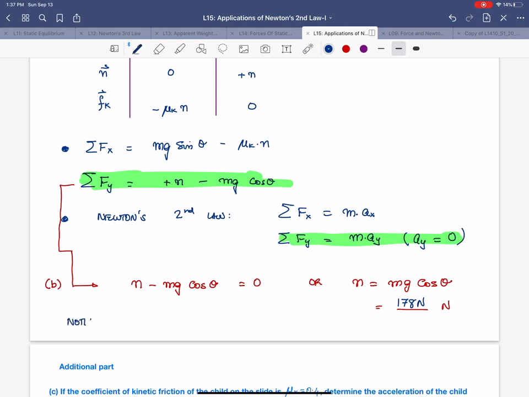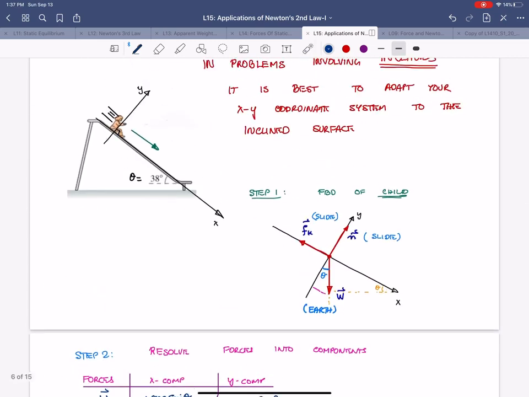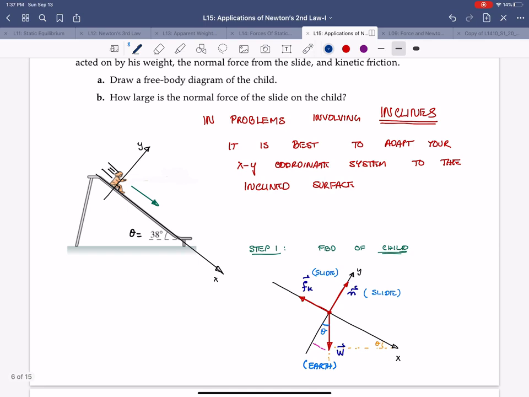Again, notice here the weight is m times g, and if you work this out, it is 225 newtons, which implies that the normal force is less than the weight. Again, you can see that from the sketch. The normal force doesn't have to balance the entire weight, but only a component of the weight, okay? And that's why the normal force is less than the weight.